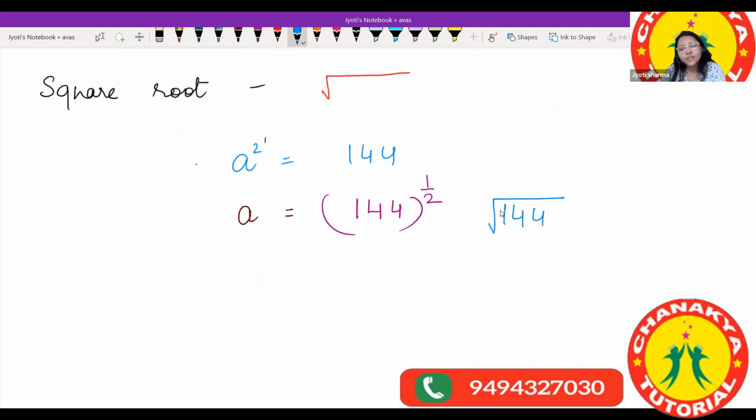This is the symbol of your square root. Now, how do you find your square root? See, now 144. Can you write 12 raised to the power 2?